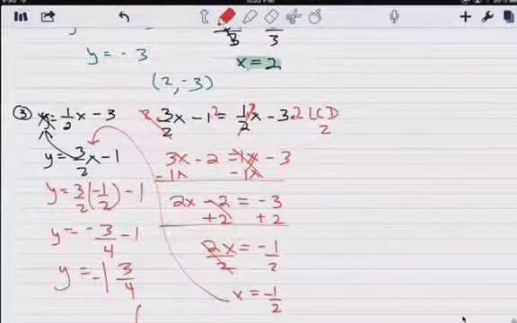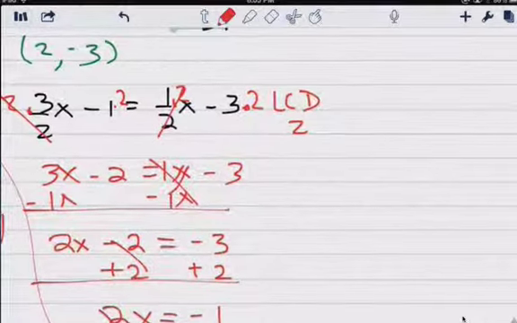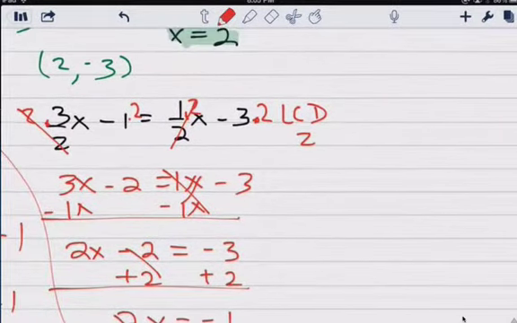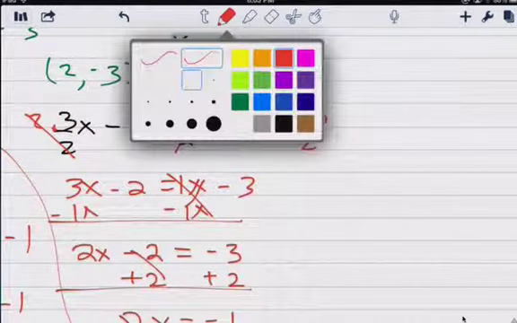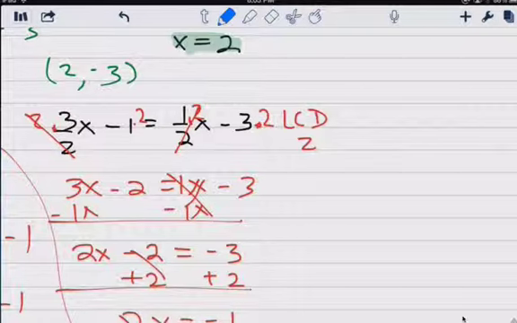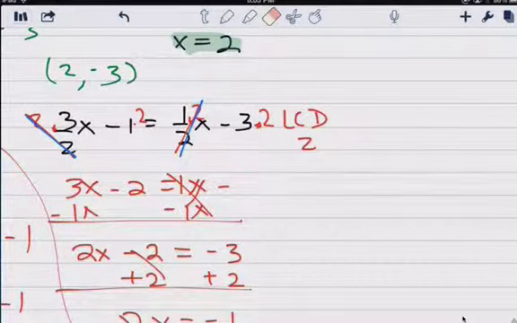Let's see what mistake I made. Multiply by 2, I get 3x minus 2. I'm going back and checking my work from the very beginning. Cross cancel here, get 3x, negative 2, cross cancel, 1x. Aha, I forgot to multiply this by 2, make 6. There's my mistake.